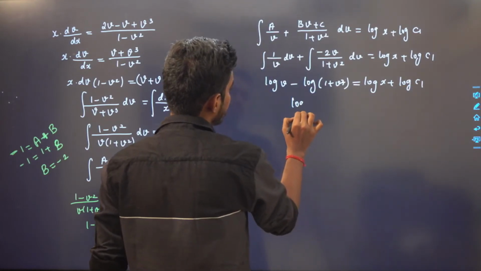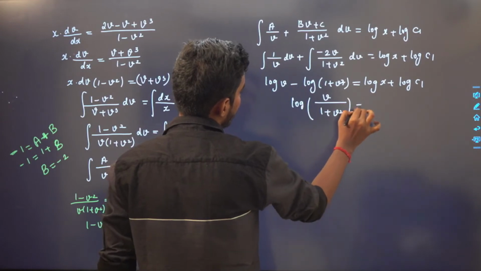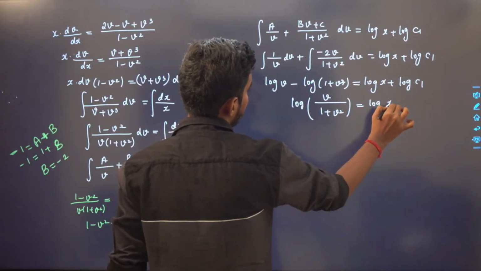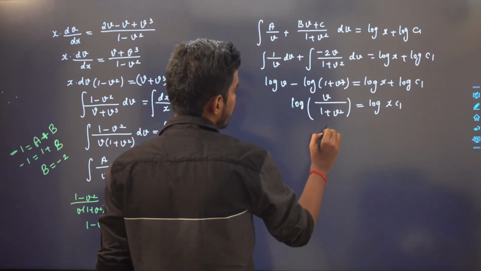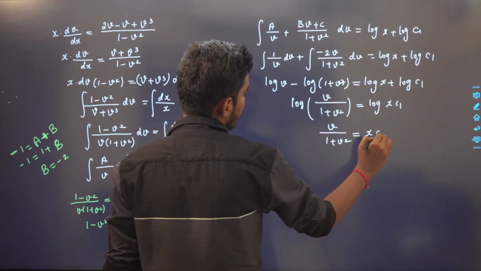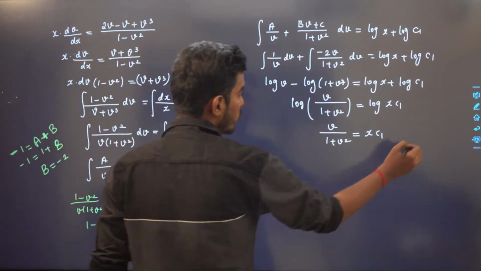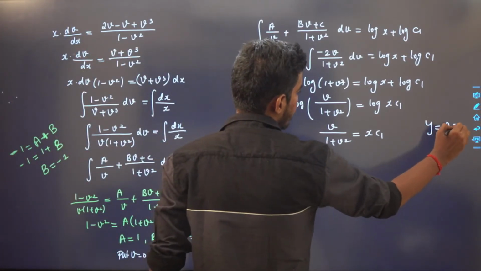And this is the same as log a minus log b, log a by b, and log a plus log b. So log x c1. So that means v by 1 plus v² is equal to x c1. Now replace v. We know y is vx, right?